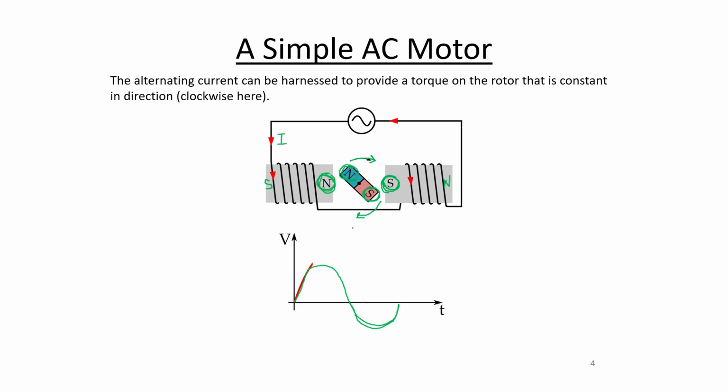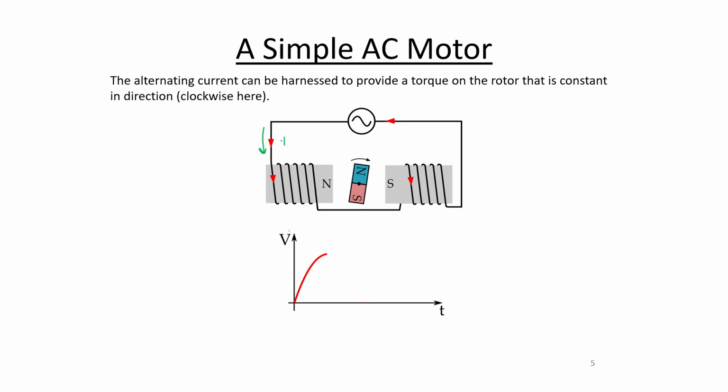Okay. Now, if we go a little bit farther, so we've gone through about 90 degrees of our sine wave, so we're right up at the peak of our input voltage, and that corresponds to about 90 degrees of rotation in this simple motor. And that means that the current's still going in the same direction. If you go back here and you come forward, you see the current is still going this direction through the circuit.